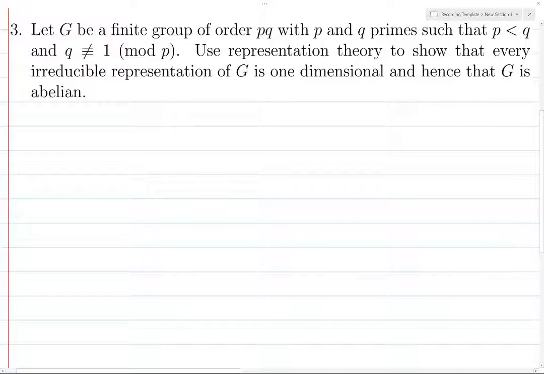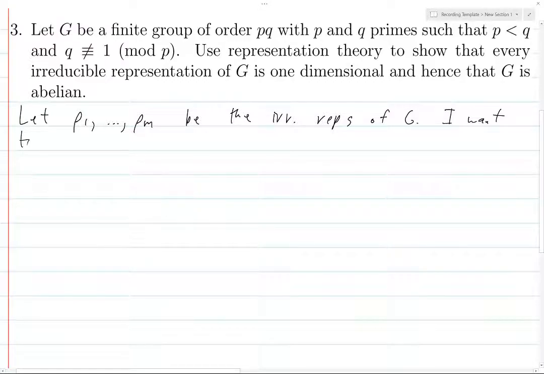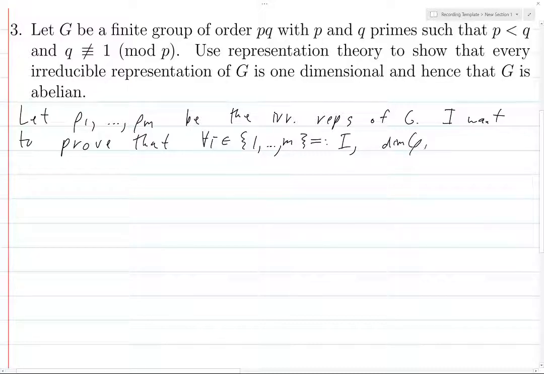So let's begin. Let's say that rho 1 through rho m are the irreducible representations of G. I want to prove that for all i from 1 to m, and just because I'm going to be using this a lot, I'm going to call this capital I, we want to prove that the dimension of all of these equals 1.